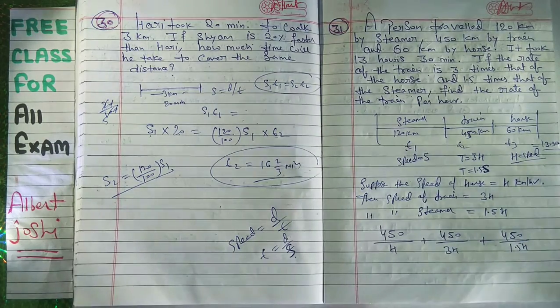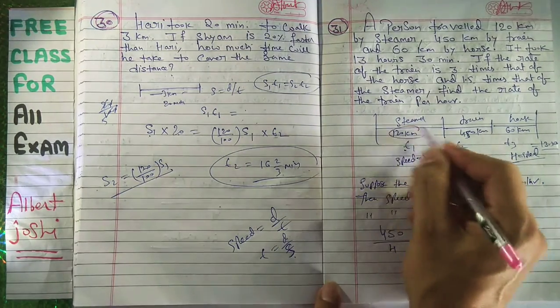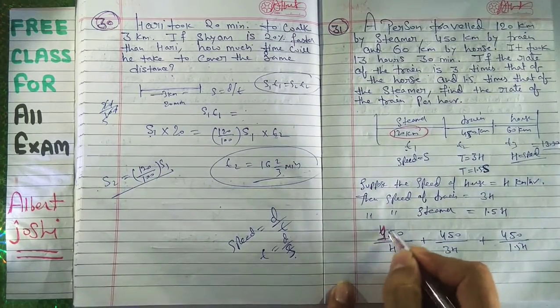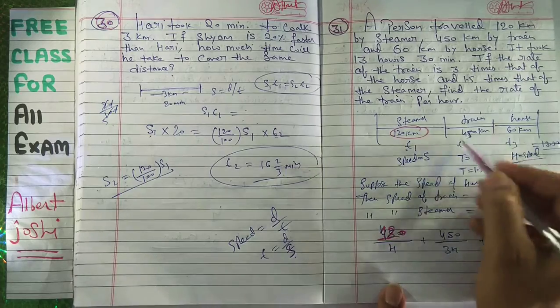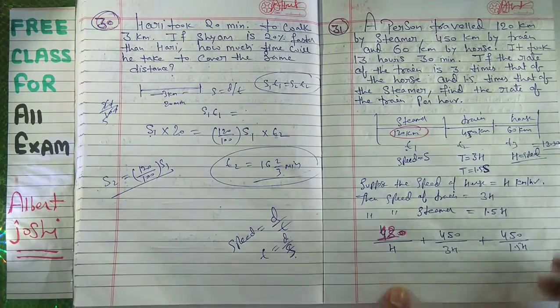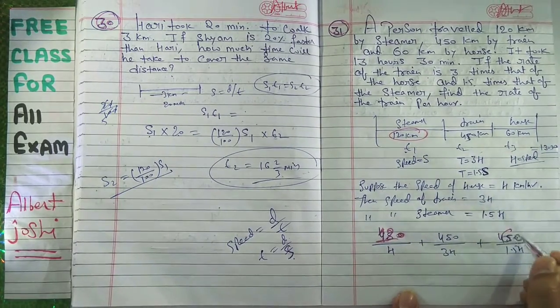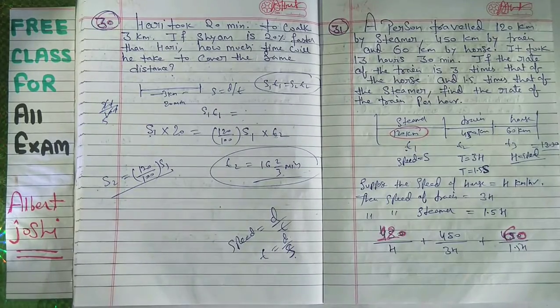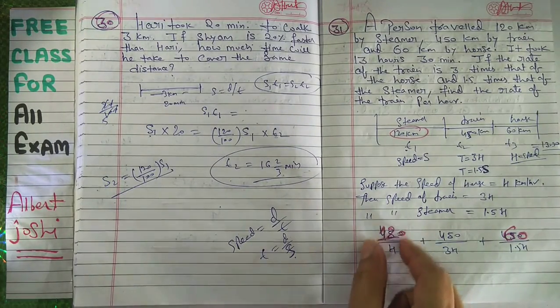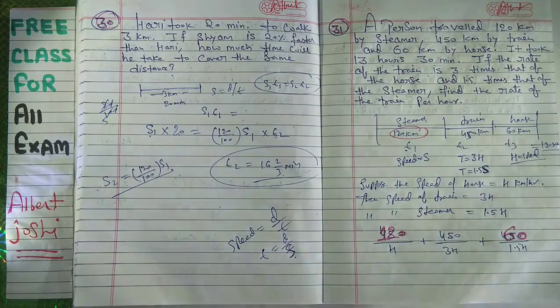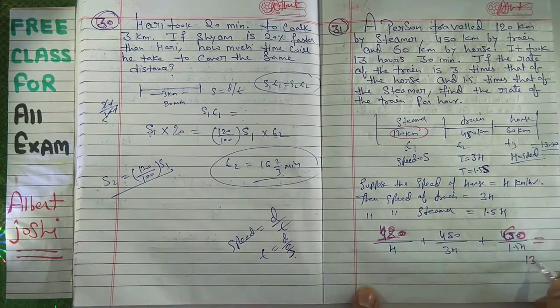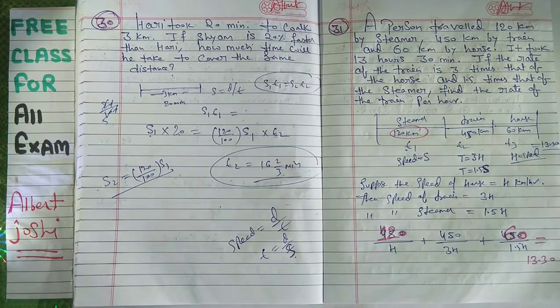Here 120 km upon h, and this is 450 km, and this is 60 km. So this is steamer, this is train, and this is horse, and total time is 13.30. Now you can find h.